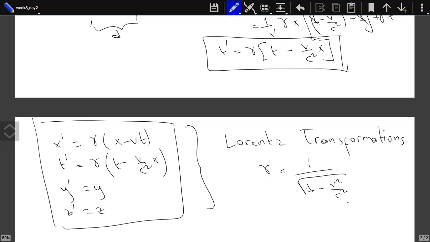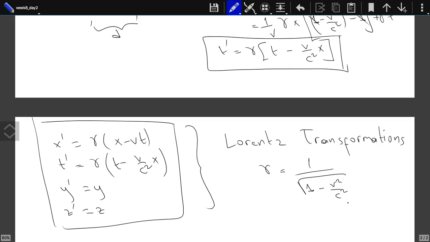Either you can consider the limit as c being infinitely large, so then this term is 0, so gamma just becomes 1, and this term is also 0, so you have t prime is equal to t. Or you can say that speed is very slow compared to the speed of light, and again, gamma is 1, t prime is t, x prime is equal to x minus vt.